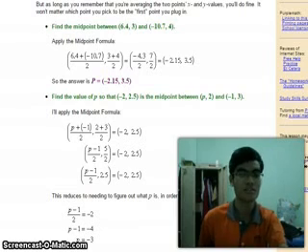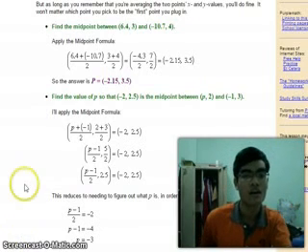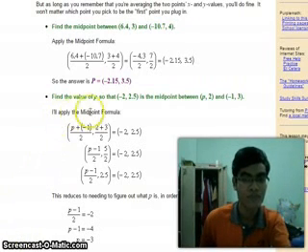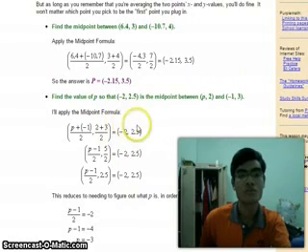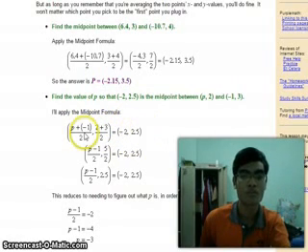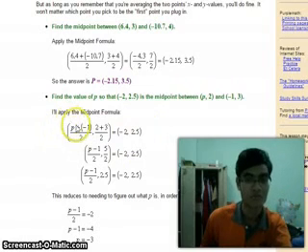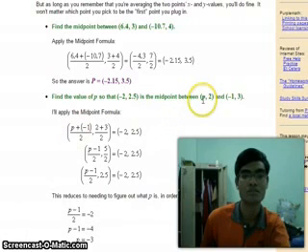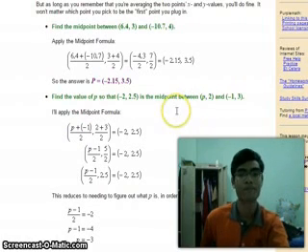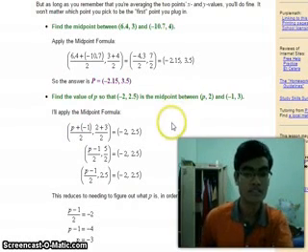On the second example, I am going to explain to you how to find the unknown, which is P. We just know the midpoint, but we do not know the unknown. Such as in this example, the unknown is P, which is x1. So it is easy.